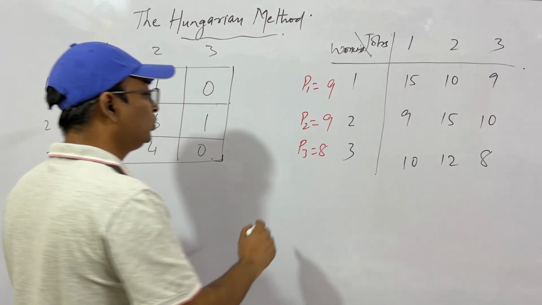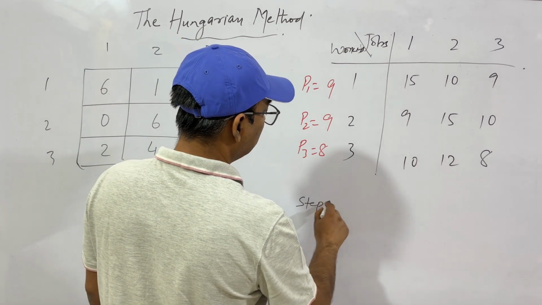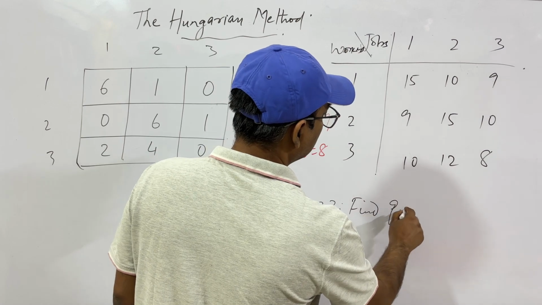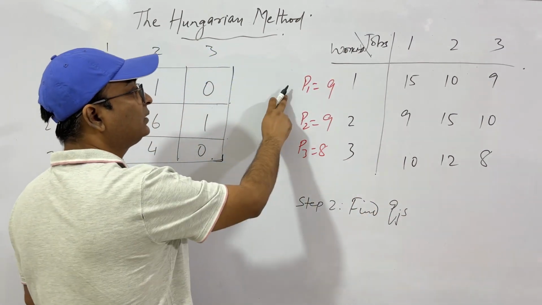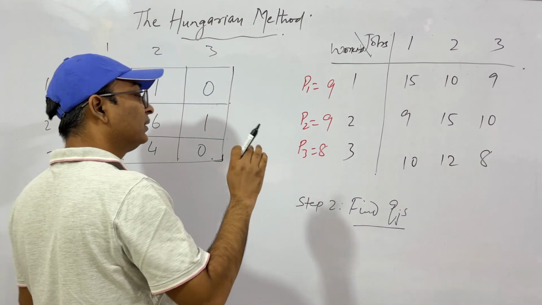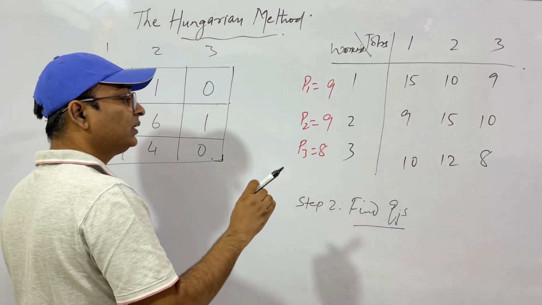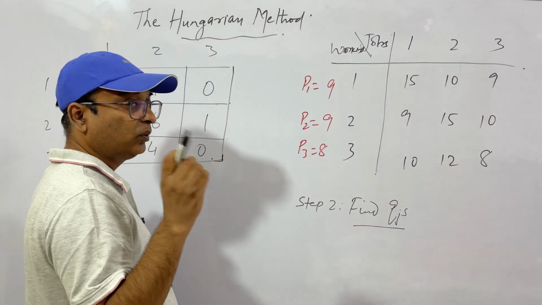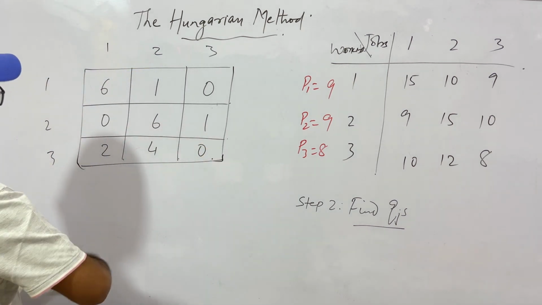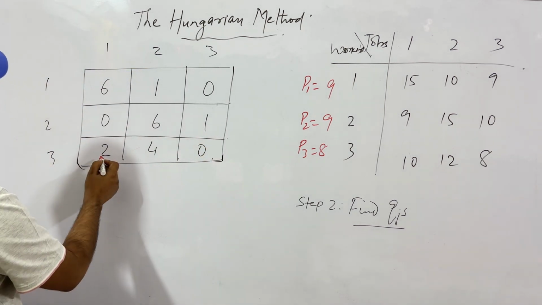Now, what is step 2? Step 2 is to find the Qj's, for each column. The P's were for each row; Q is for each column, and the concept is the same. What is Qj? The lowest cost of that column. So from here, Q1 will be, which is lowest?